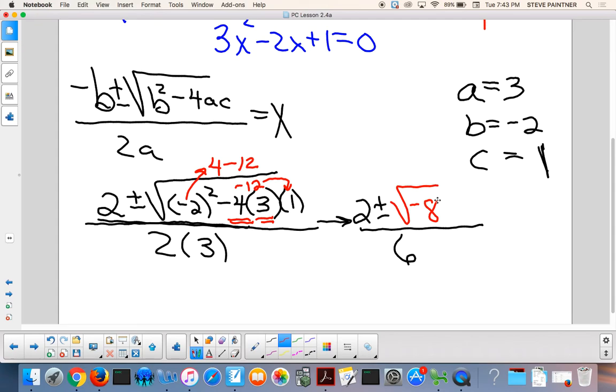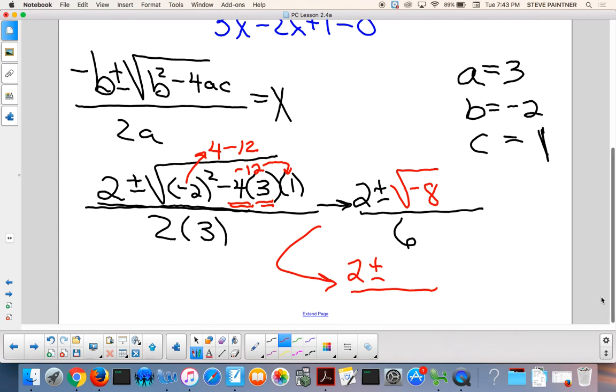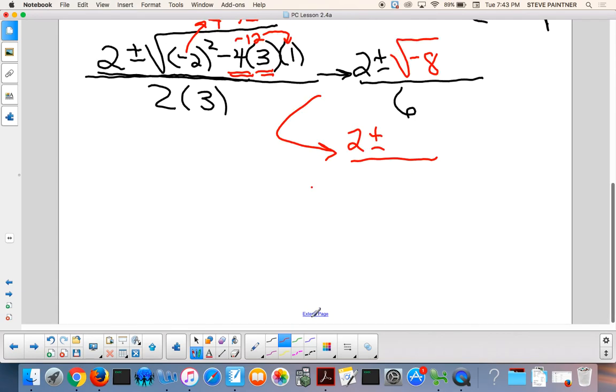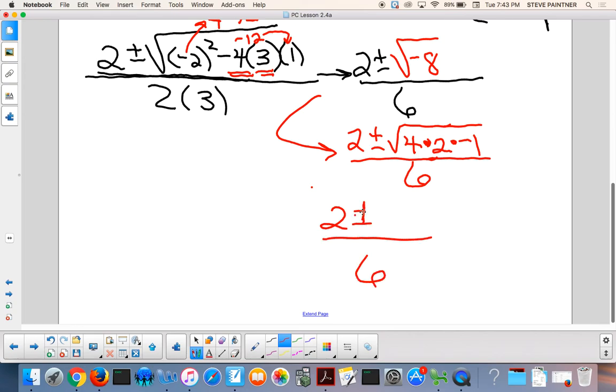So this simplifies to 2 plus or minus the square root of negative 8, which breaks into the perfect square 4 times 2 times negative 1, over 6. 2 plus or minus the square root of 4, 2, the square root of negative 1, i, and the square root of 2.